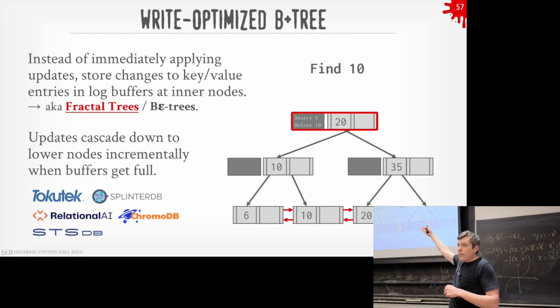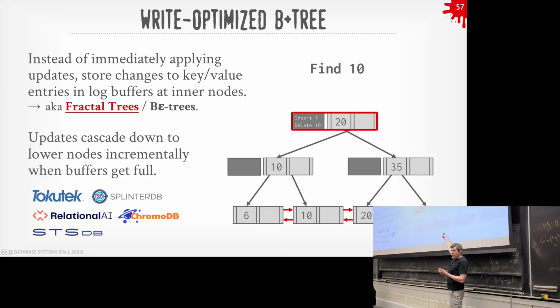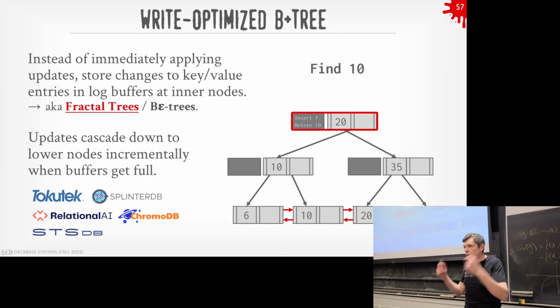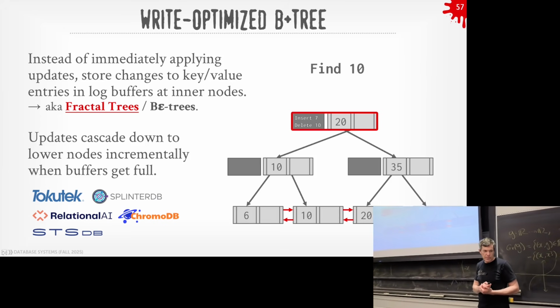Well, I know at that point that the last thing that happened to key 10 was it was deleted, because it's at the top of the tree. So I can go ahead and stop my search because I know it's not there, even though physically it's still in the leaf node here, and I've got to be careful. If anybody scans along and tries to find it, there's actual bookkeeping I have to do. But in this case, I don't have to propagate the changes immediately.